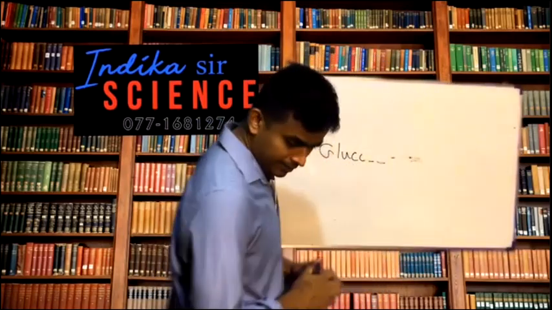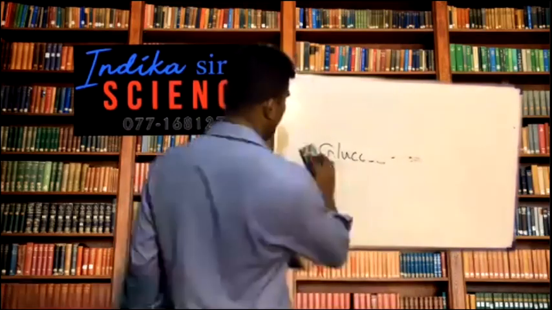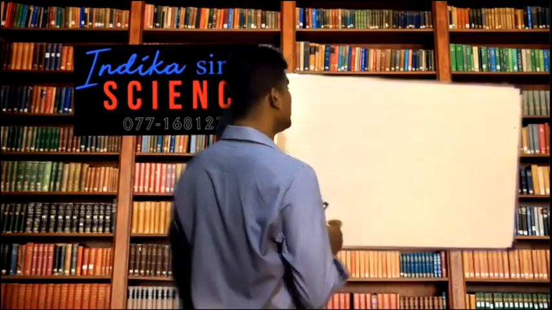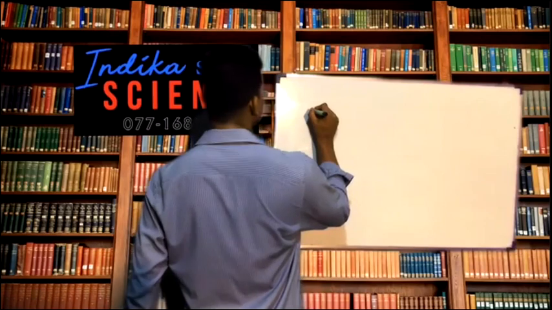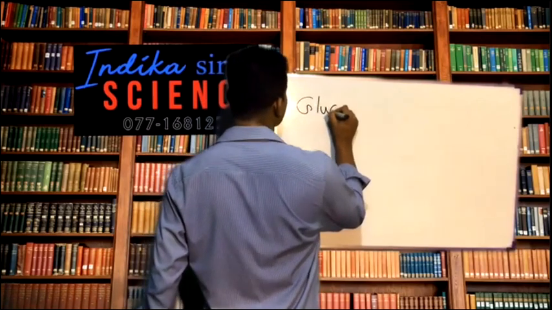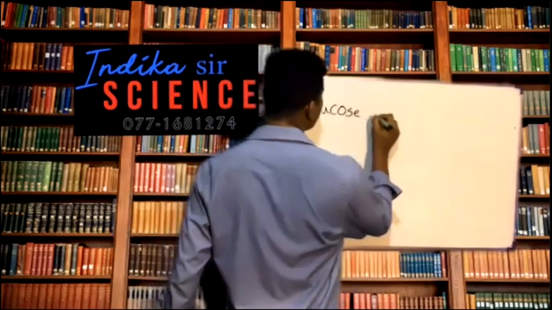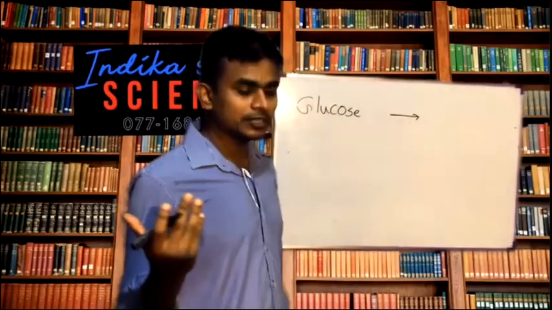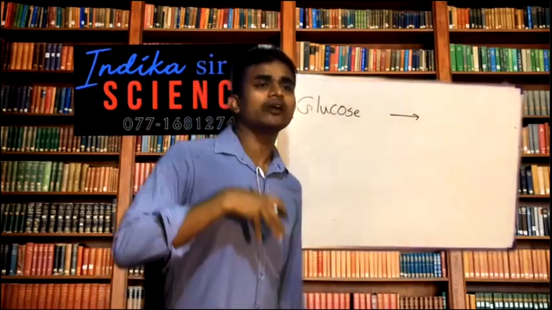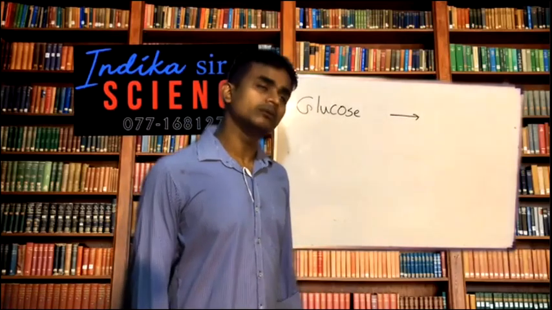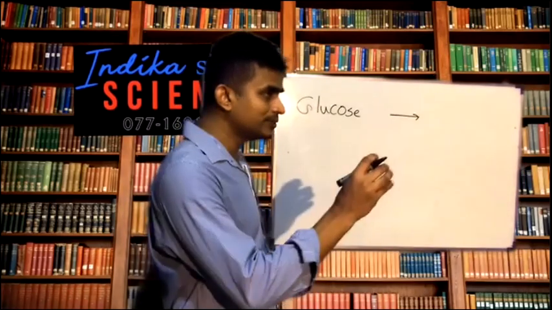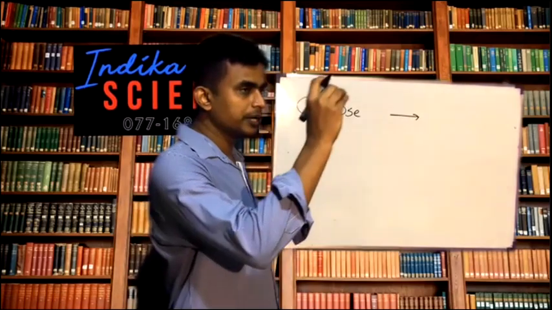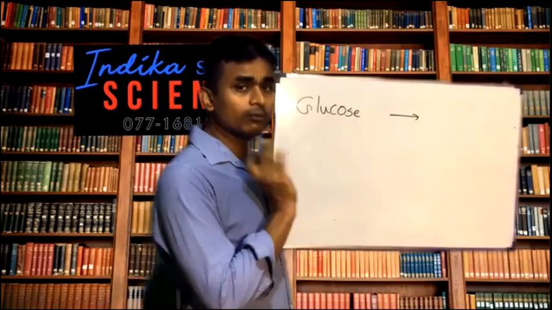I will write it again. Plants during photosynthesis produce food. We also eat rice and many different foodstuffs, and finally glucose comes to the body. So our objective is to produce energy from glucose.